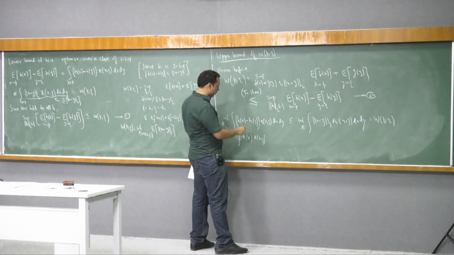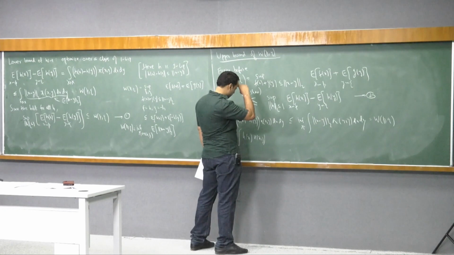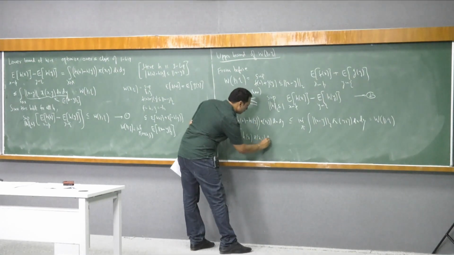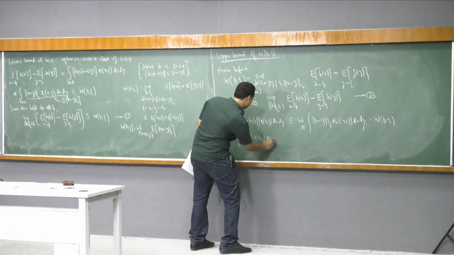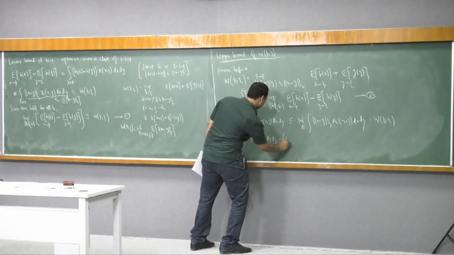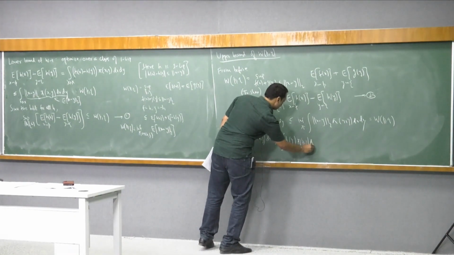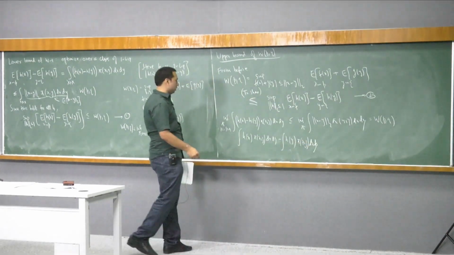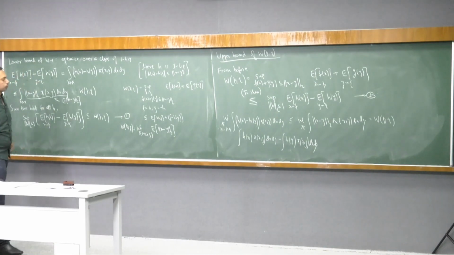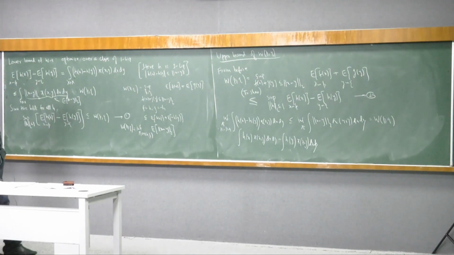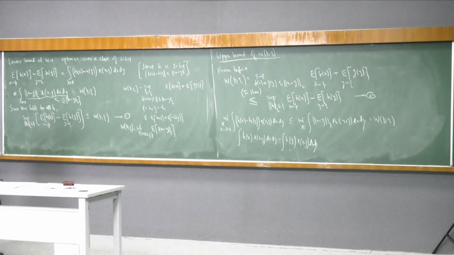There is dx dy here, and then minus h(y). We have the first term, and the first term is only the h(x) term, h(x) dx.